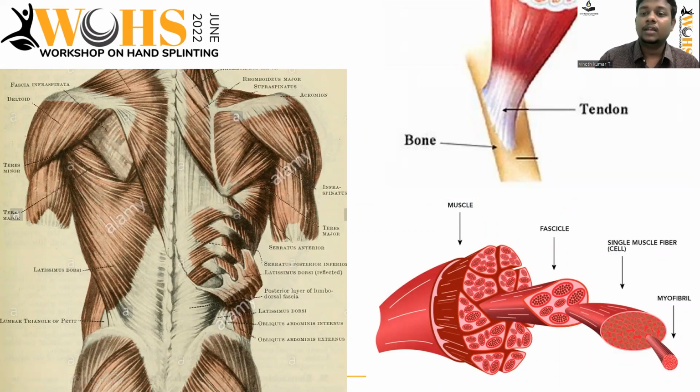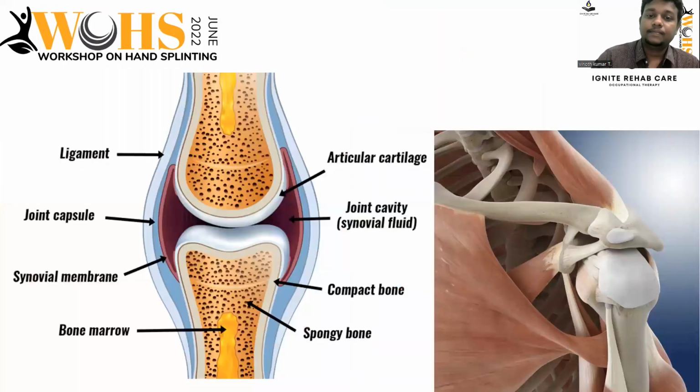So you should know the property of each. Whatever type of splint you choose, you should know what structure you are planning to stretch, immobilize, or facilitate. Whatever the purpose, you should know the basic anatomy behind it.